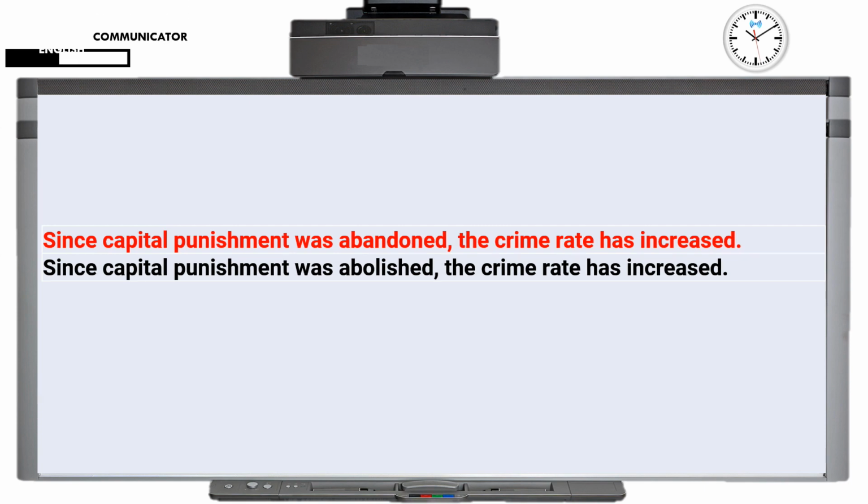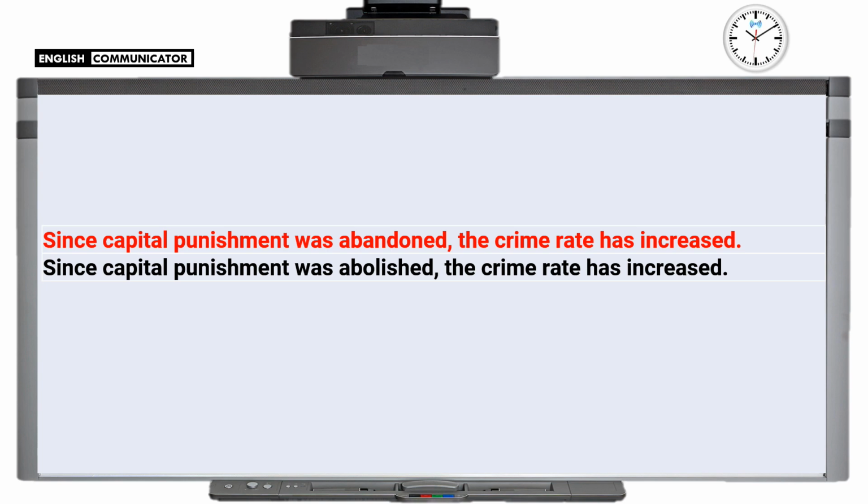Next error. "Since capital punishment was abandoned, the crime rate has increased." What is the mistake here? "Since capital punishment was abolished, the crime rate has increased." We can't use abandoned here.